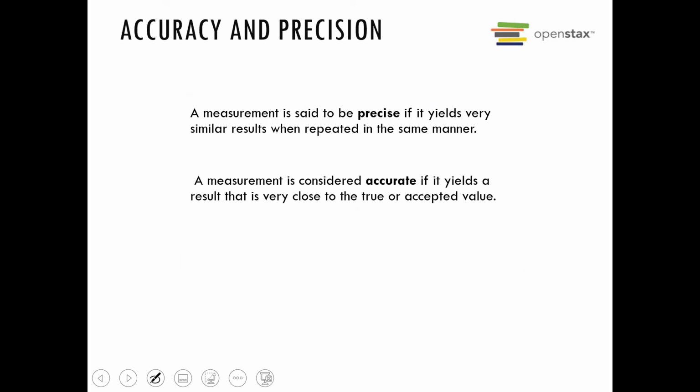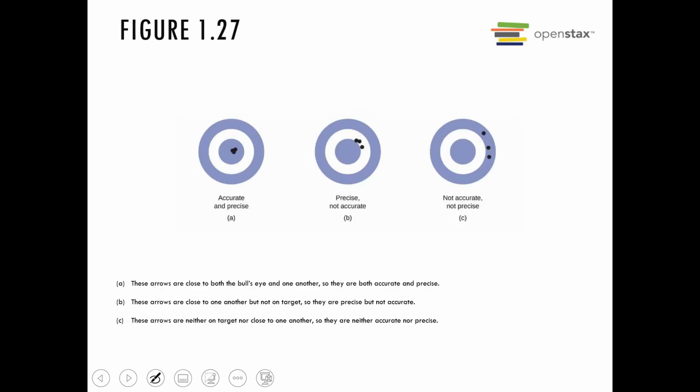Now, a measurement is said to be precise if it yields very similar results repeatedly. It's accurate if it yields a result that is very close to the true or accepted value. So here's some examples of when you could be accurate and precise. Think of hitting the bullseye.